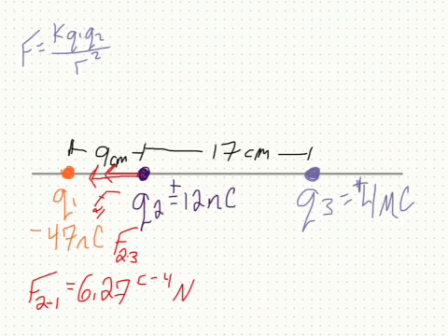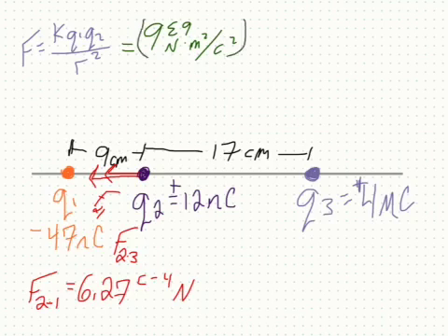Okay, what about the other interaction? Because Q3 is pushing on Q2 to the left, and I know that because they're both positive. So all I do is I run the numbers again. kQQ over r squared is 9 billion newtons times meters squared per coulomb squared, times the product of the charges. Charge 2 is 12 nanocoulombs, 12E-9, 12 billionths of a coulomb, that's a nano.